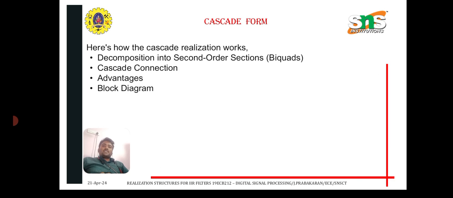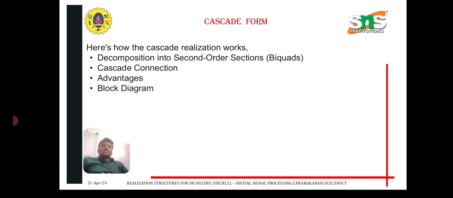Advantages of this cascade form: numerical stability, that is, cascade realization often results in better numerical stability compared to other realization methods, especially for high order filters. Simplified design and analysis is another advantage, that is, decomposing the filter into second order sections simplifies the design and analysis process.